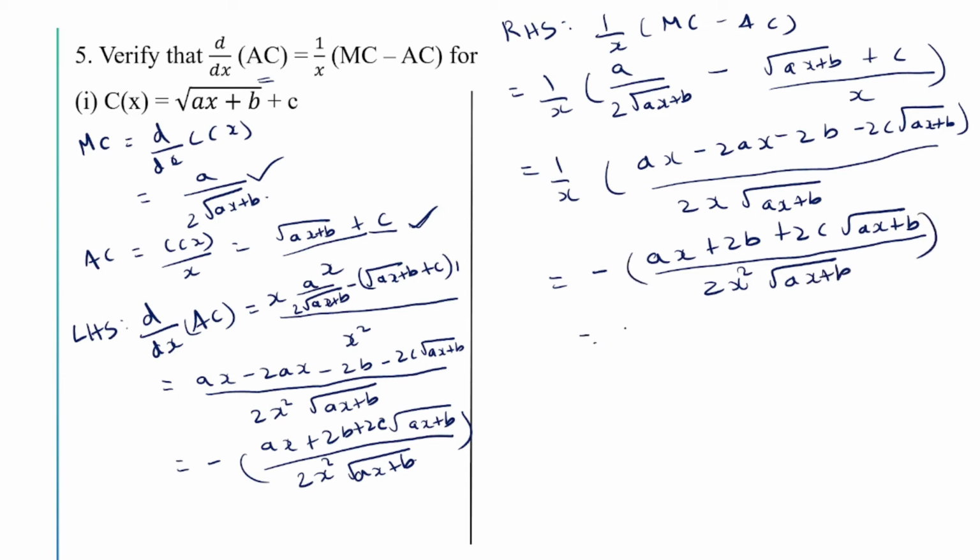So this is equal to the left hand side. Here we can see that these two are equal. Therefore, d by dx of average cost equals 1 by x into marginal cost minus average cost. So we have proved it for this given cost function.